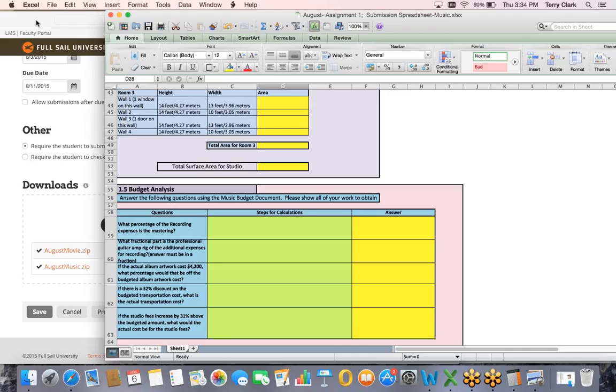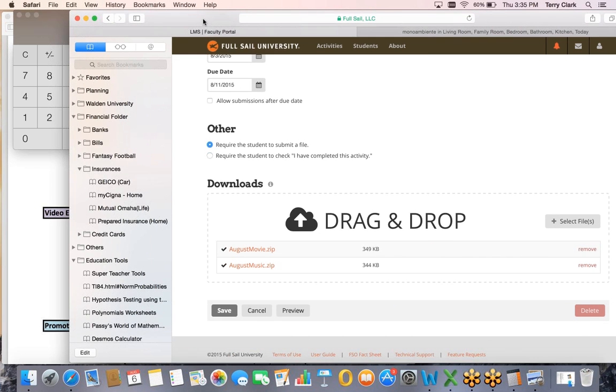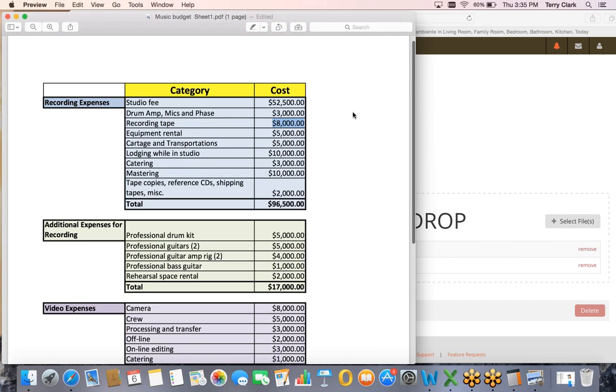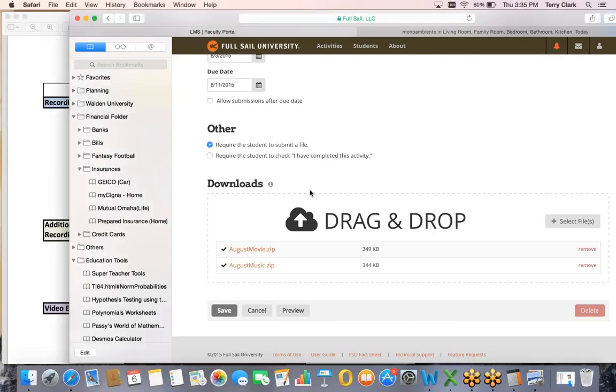Okay, so they're giving us an off problem for the next one. They're saying if the actual album artwork costs 4,200, what percentage would that be off the budgeted amount? Okay, so let's go and look at an amount. We were working with the 8,000, right, for the recording. Okay, that's the budgeted amount, 8,000.